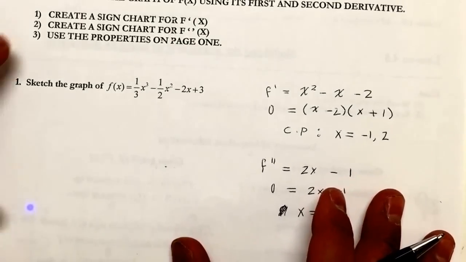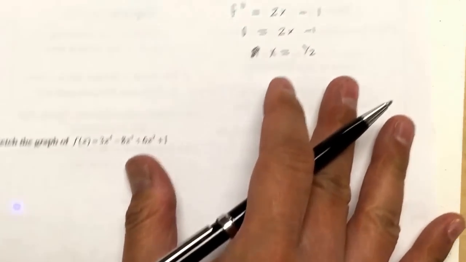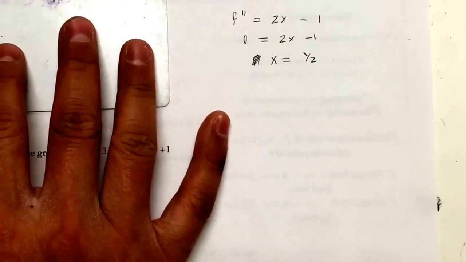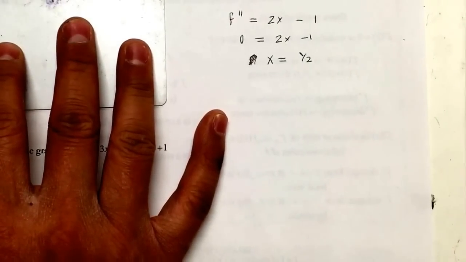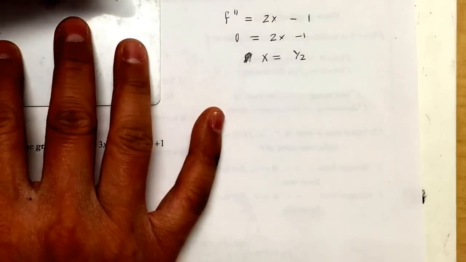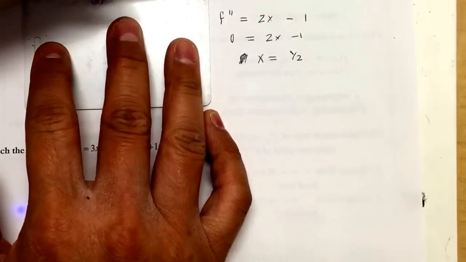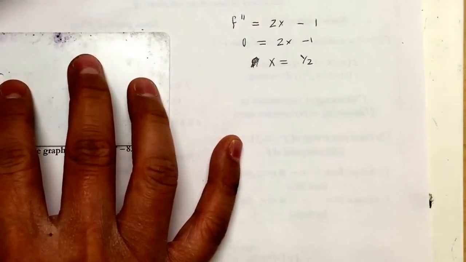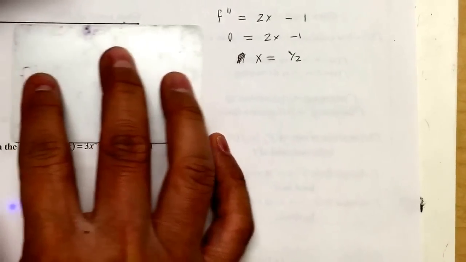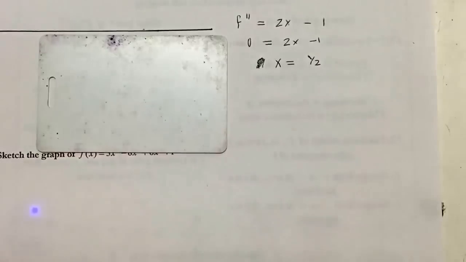So I will now create a sign chart for f prime and f double prime. Try to make it as long as you can. Let's call this one f prime, and let's call this one over here f double prime.